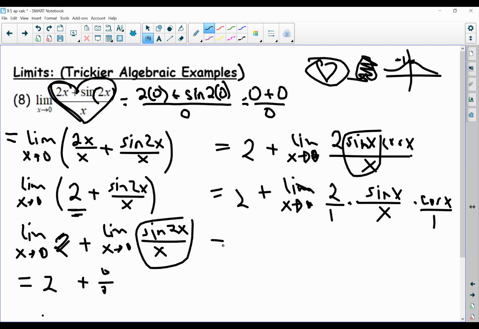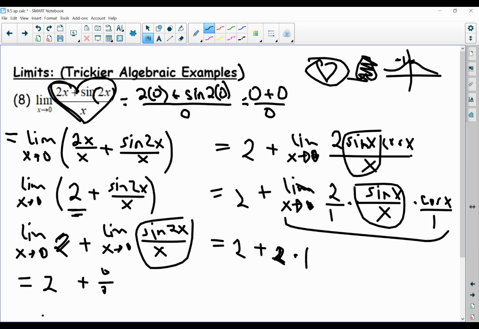So what I can do is take the limit of each piece of this second part. The limit of 2 is just 2 times, now I'm treating this as a product, just like that f times g situation. Now if I look at this function on its own, the limit of sine of x over x as x approaches 0 is 1.